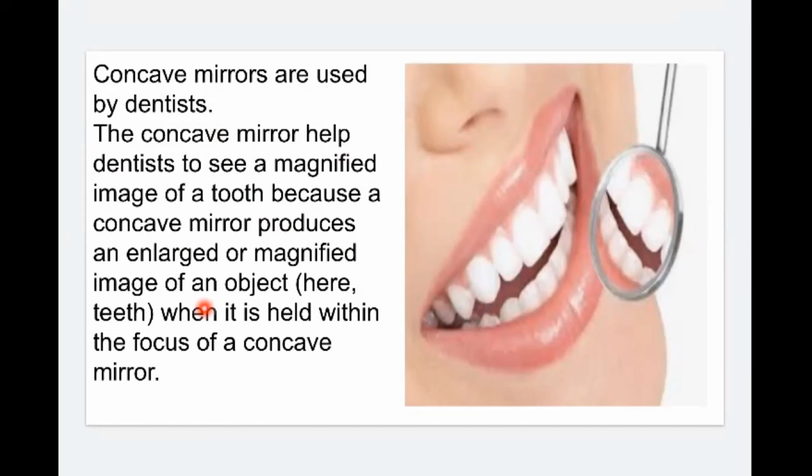Here, when the tooth is held within the focus of the concave mirror, definitely it will produce a magnified image. See how the small tooth is appearing here and how the image of the tooth is appearing here. It is a magnified image. So a concave mirror is always going to produce a magnified image.